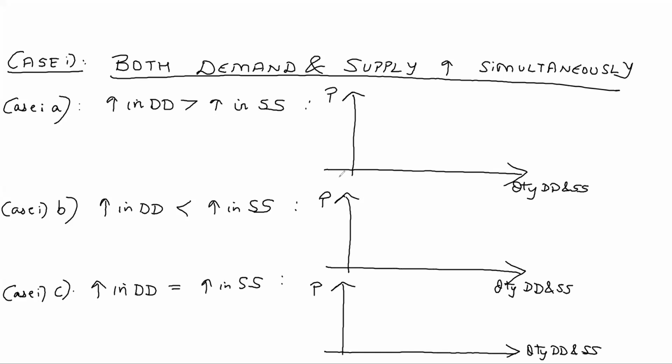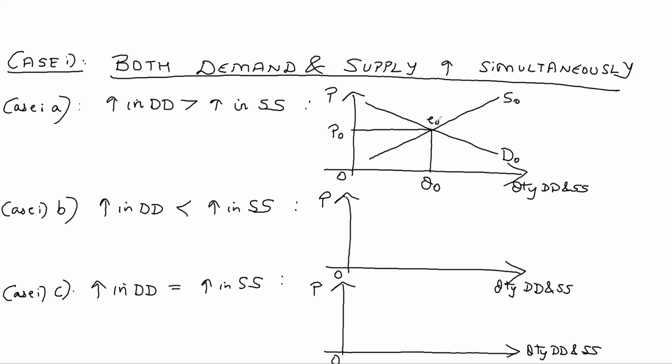So this is our origin in all the diagrams. Initial demand curve D0, initial supply curve S0, initial equilibrium price P0, Q0, initial equilibrium E0.